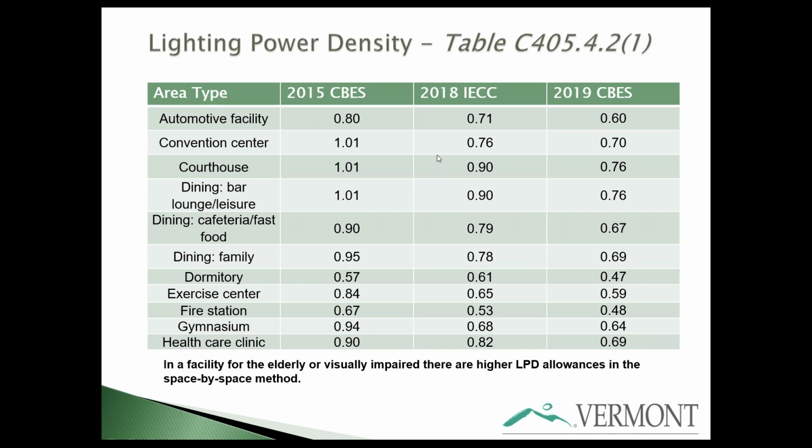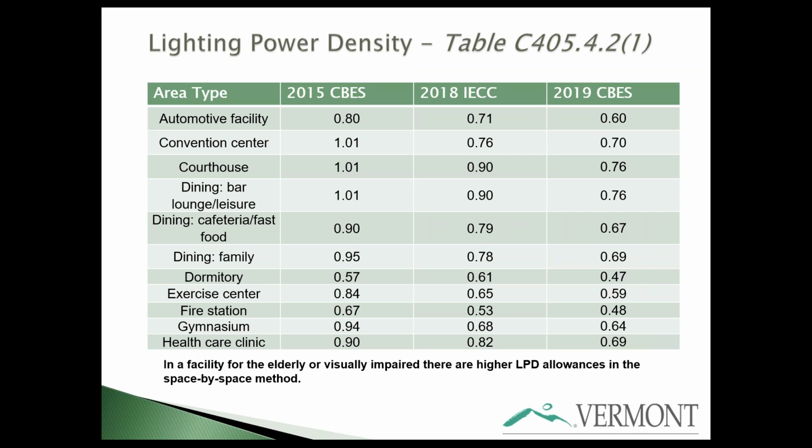Our code has always been based off of the IECC model code, which is a national model code. We start with that and then make amendments to it to come up with our CBES in Vermont. There are several amendments, but that's our starting point.